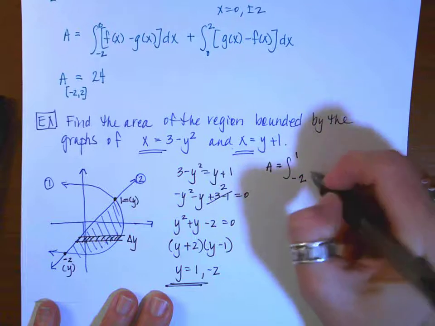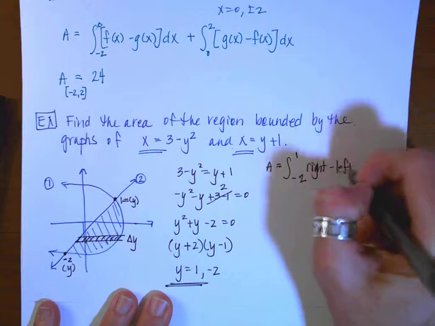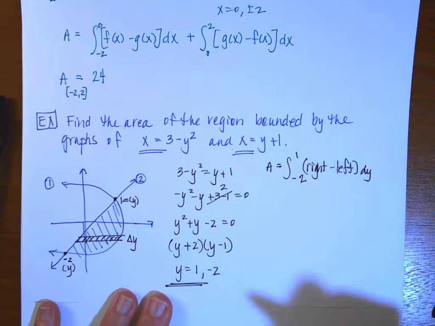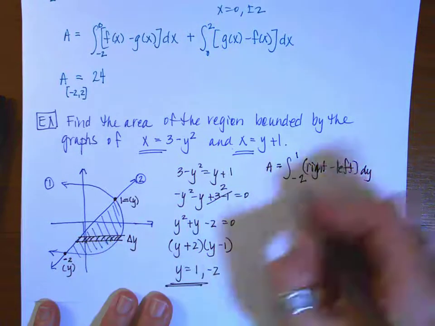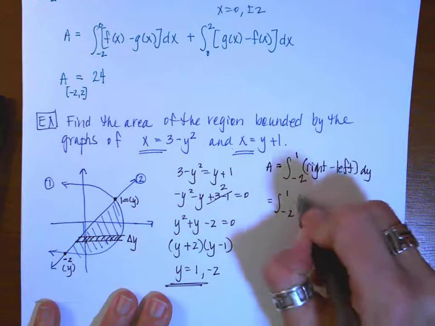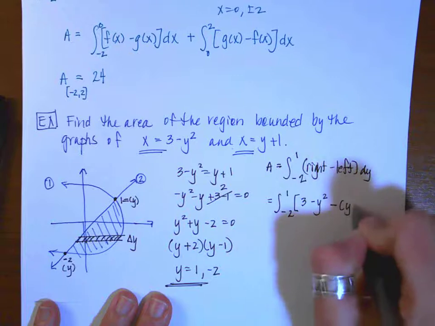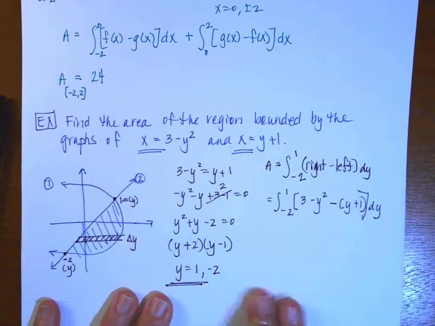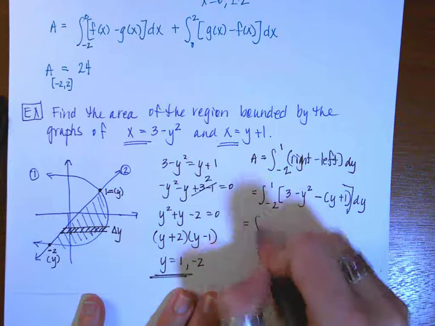My integral is going to be bottom to top, and I'm doing right minus the left dy because I have a horizontal rectangle. So this is going to be the integral from negative 2 to 1 of 3 minus y squared minus y plus 1, making sure that you're careful to distribute that negative.